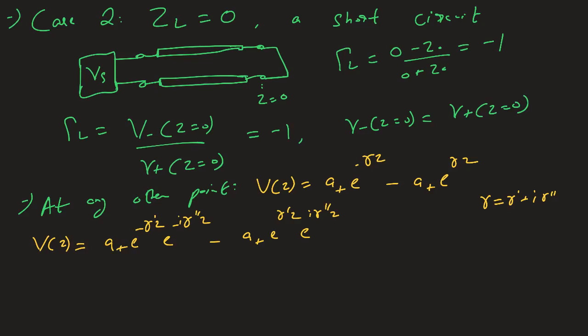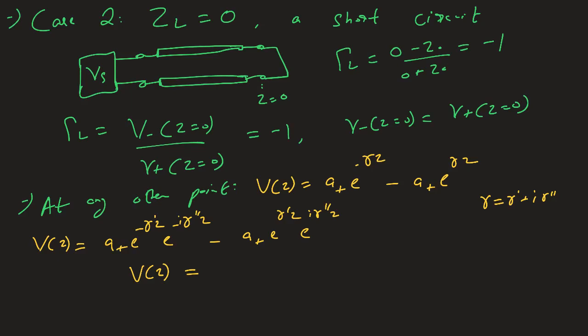And so V of Z becomes equal to, if you take A plus common, you're adding exponent of minus gamma Z minus exponent of plus gamma Z. So that's just a recipe for a hyperbolic function, right?